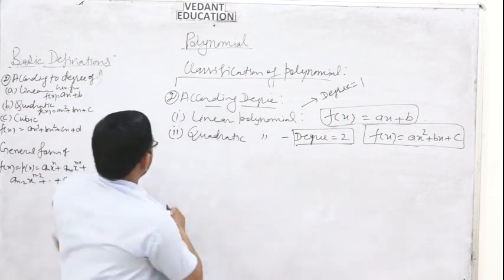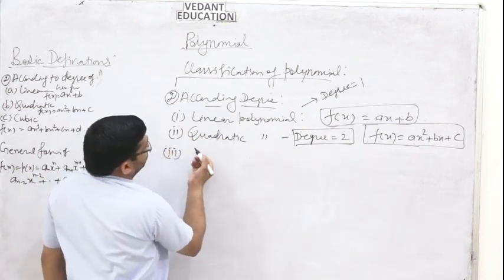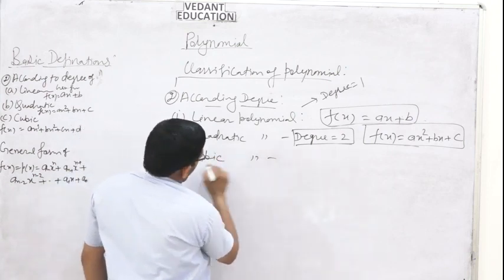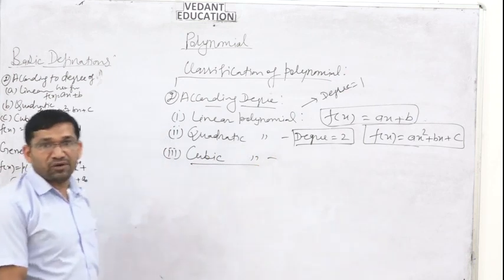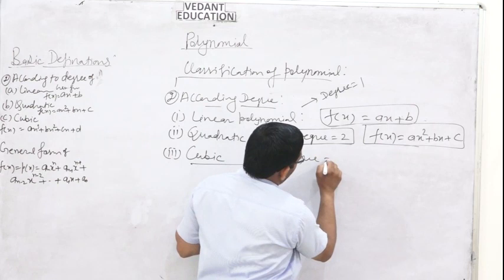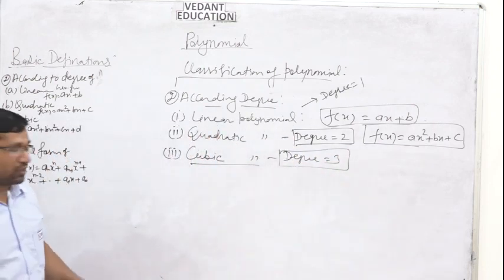According to degree, the third type of polynomial is cubic polynomial. Cubic polynomial, the polynomial which has degree 3. Degree equal to 3 is known as cubic polynomial.